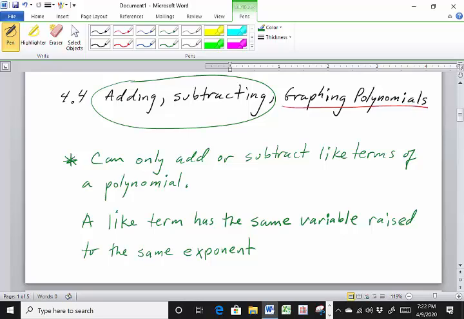Okay, a like term has the same variable raised to the same exponent.